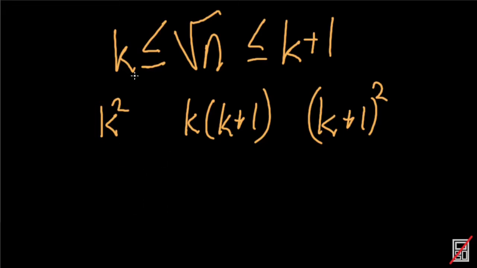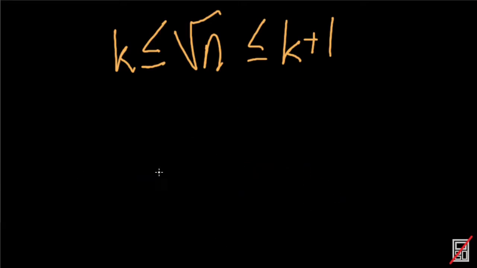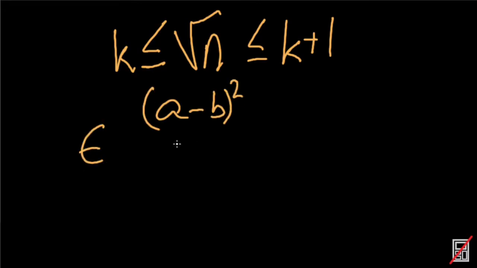So, if we take it here and make our guess k, our other guess will be less than k plus 1. If instead we make our guess k plus 1, because n is in here, then our other guess will have to be bigger than k. No matter what we do, for our first guess, we'll have a minus b, our error, is less than or equal to a minus b squared over 8b from before.